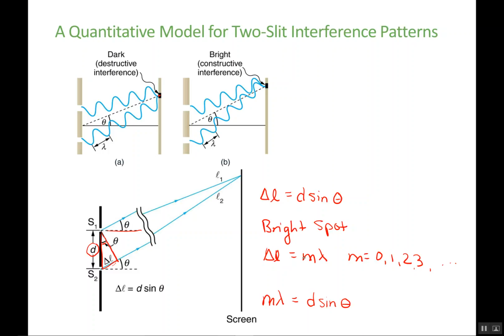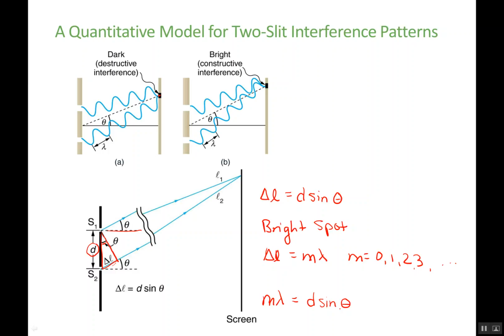Instead of using n, let's use m to represent this number 0, 1, 2, or 3. When we put it all together, what we find is that bright spots occur in the pattern when m times lambda equals d, the slit spacing, times the sine of the angular position of the spot on the screen, theta, where m is 0, 1, 2, or 3.